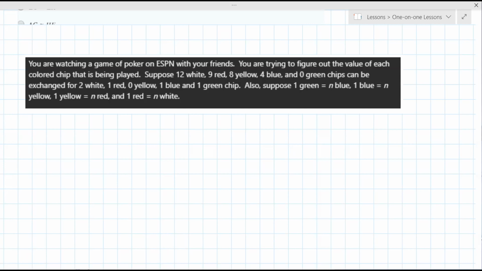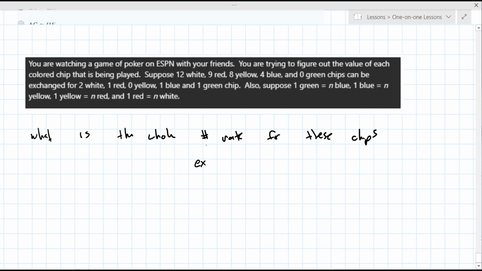All right. It's what is the whole number rate of exchange for these chips? I don't know, it says of exchange for the chips. Exchange rate.